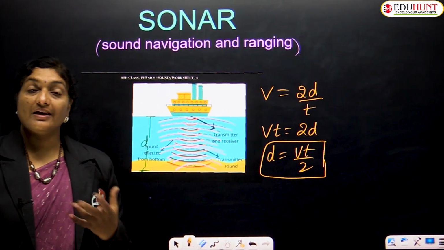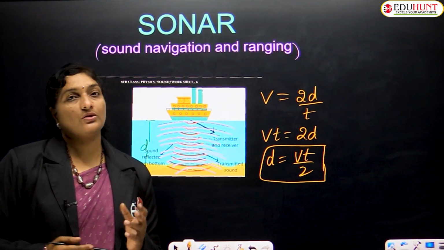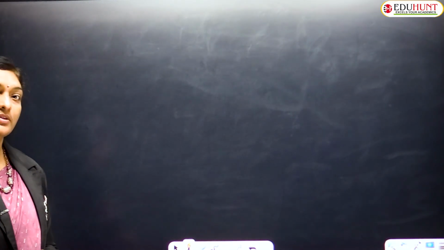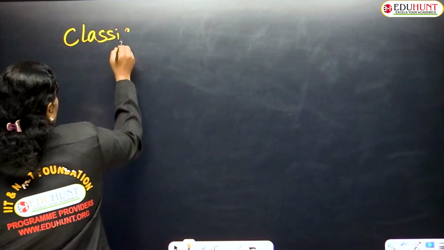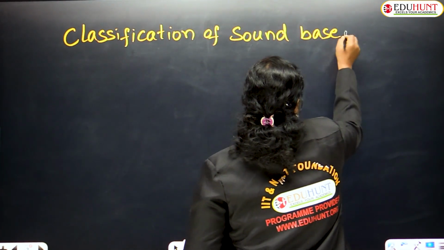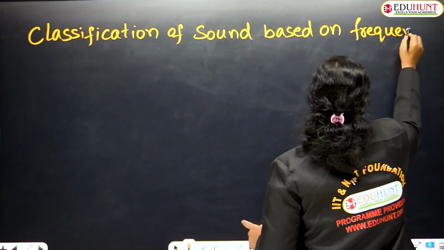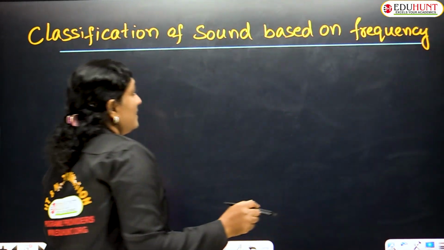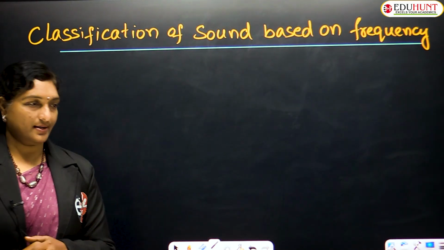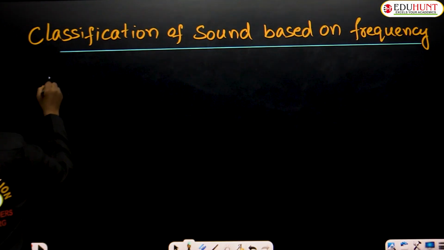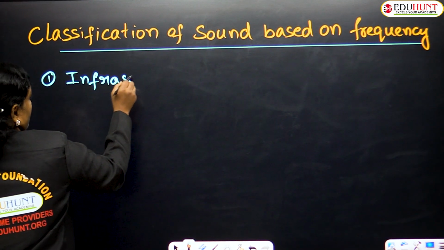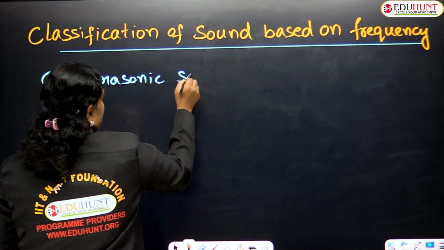Children, based on the frequency of sound, these are classified into three categories. Classification of sound based on the frequency. First of all, let us understand infrasonic sound. The first one would be infrasonic sound.